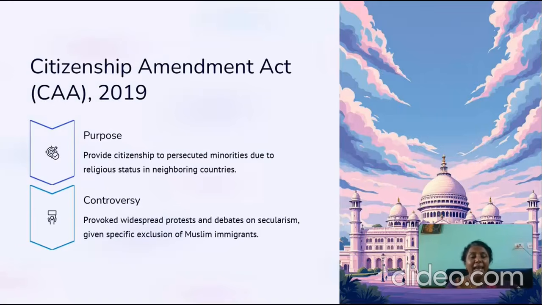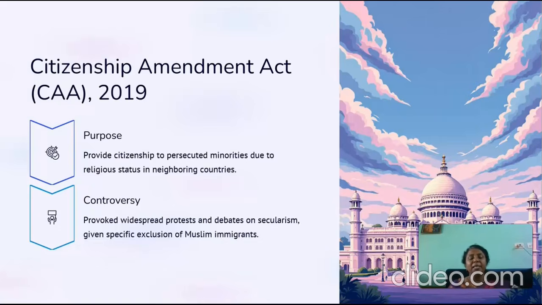So this CAA, which is very famous, which was passed in 2019, the Citizenship Amendment Act that we all know, the main purpose of this act is to provide citizenship to persecuted minorities, due to religious status, in neighboring countries.